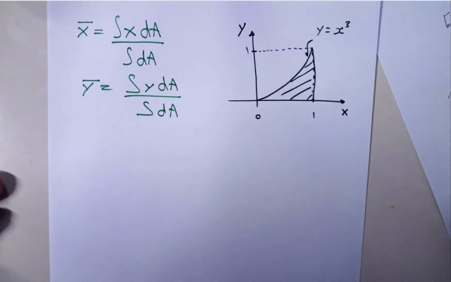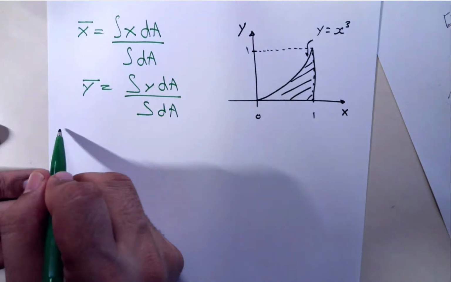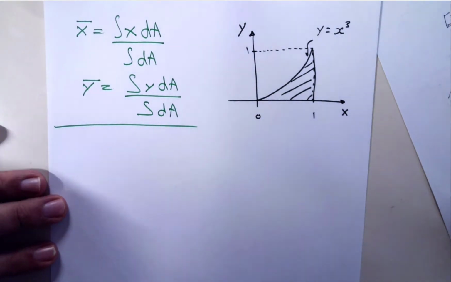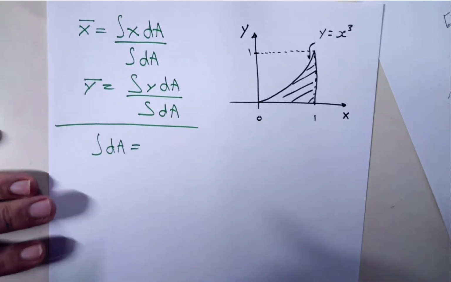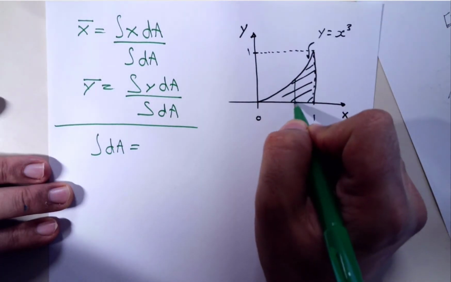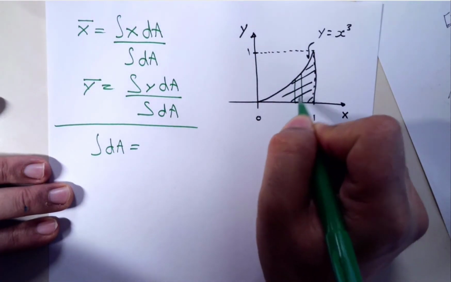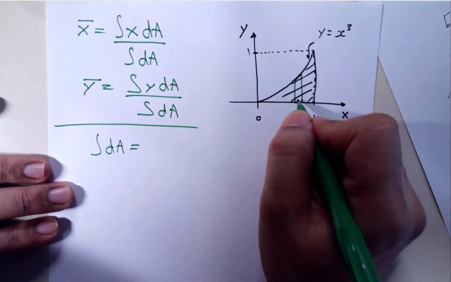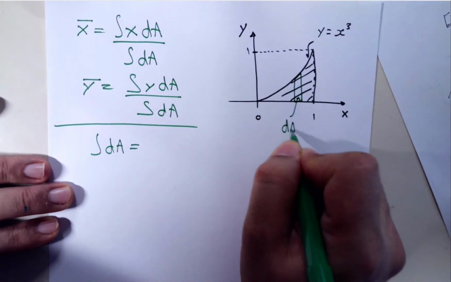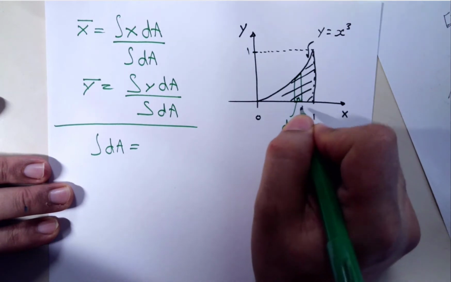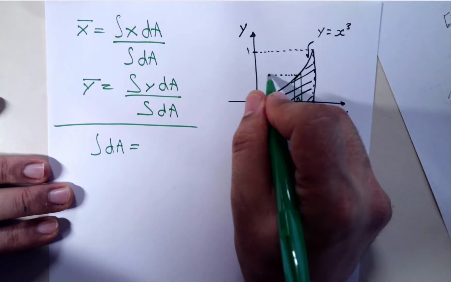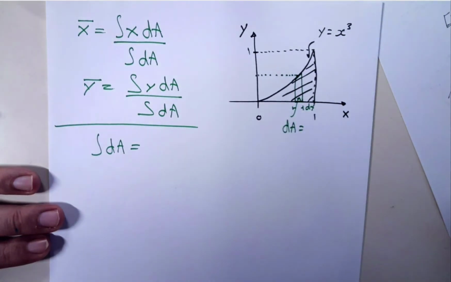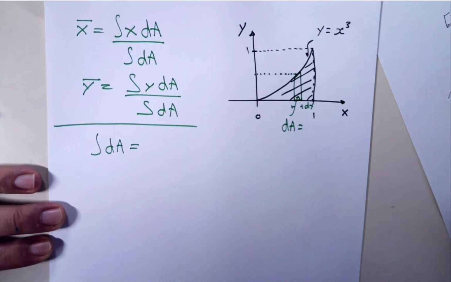So let's start with the simple one, how to calculate the total area, dA. Now I'm going to take a strip over here and call this dA. According to this, dA has a width dx and has a height. Now this height is varying, right?